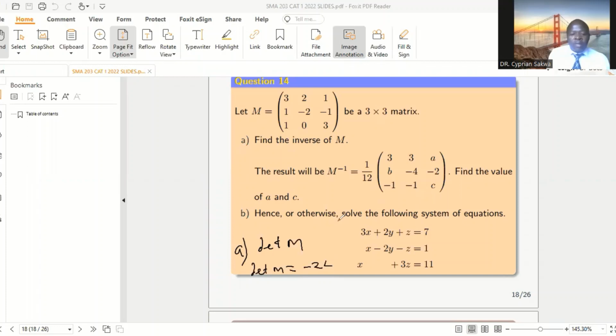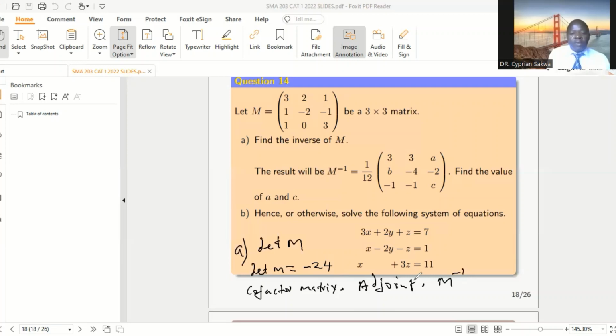You can use any of the methods. Then find the cofactor matrix. After finding the cofactor matrix, find the adjoint matrix, which is of course the transpose of the cofactor. Then after that, find the inverse of M.